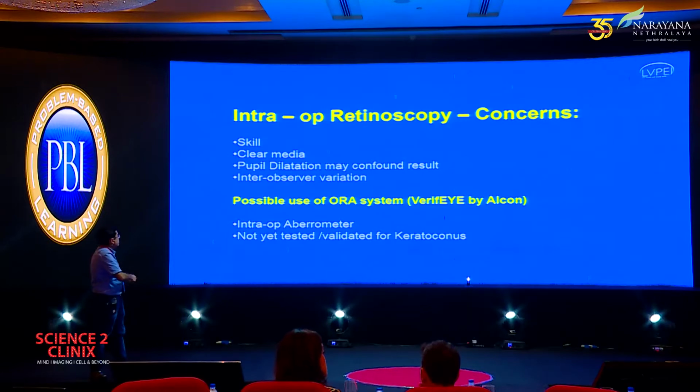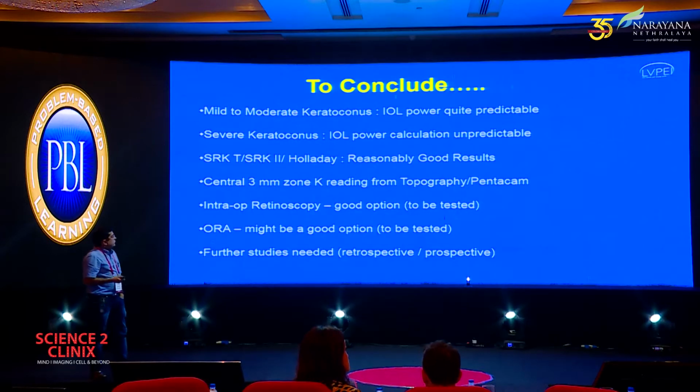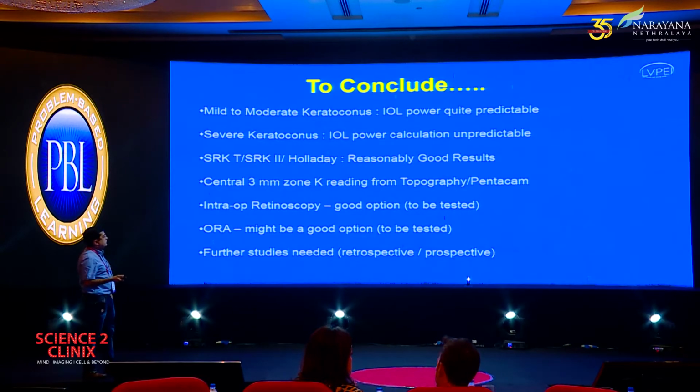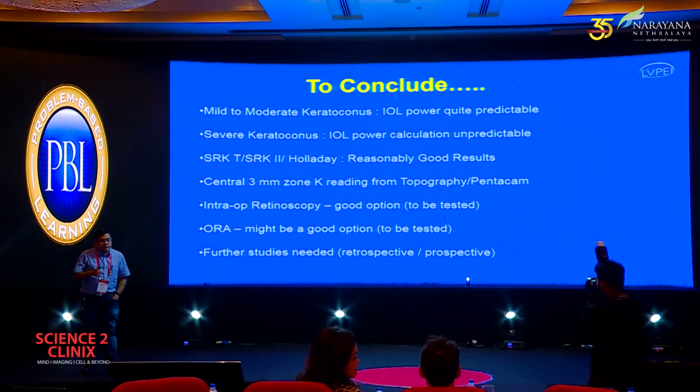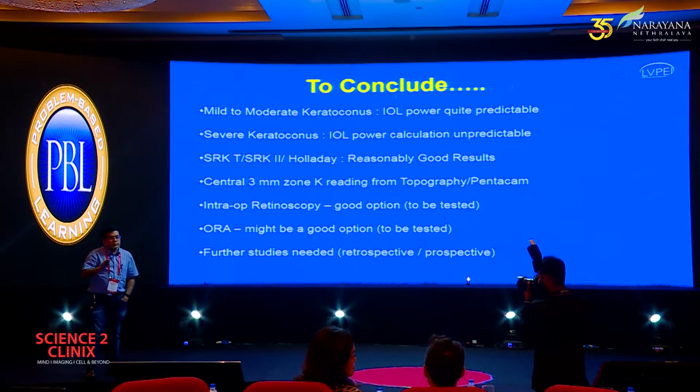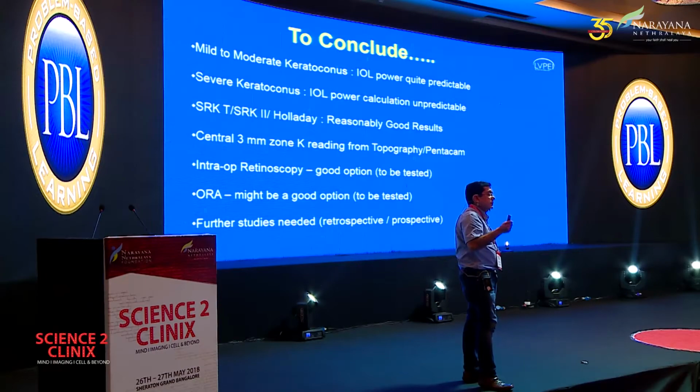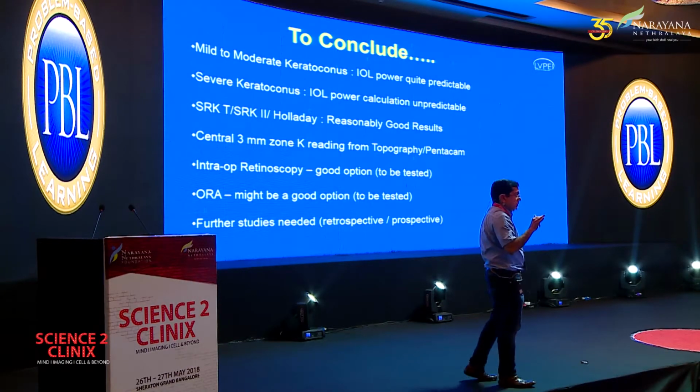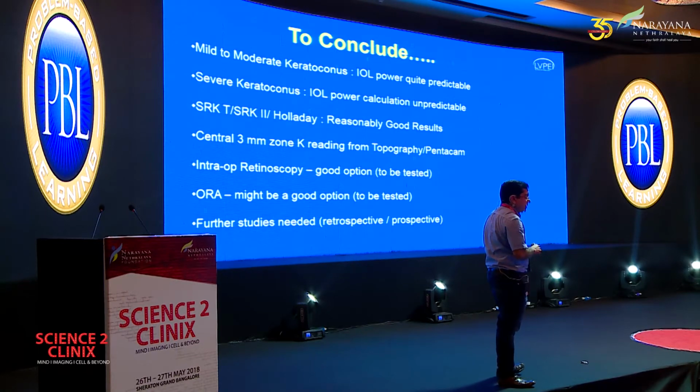So to conclude, what I can say is that mild to moderate keratoconus is not really a problem. Your regular routine biometry will give you a very near estimate of the IOL power calculation. But severe keratoconus is a problem because the IOL power is very unpredictable. Most of the formulas, even though they have been recommended, SRK/T, SRK II, Holladay, just give you some estimation and cannot be very precise.